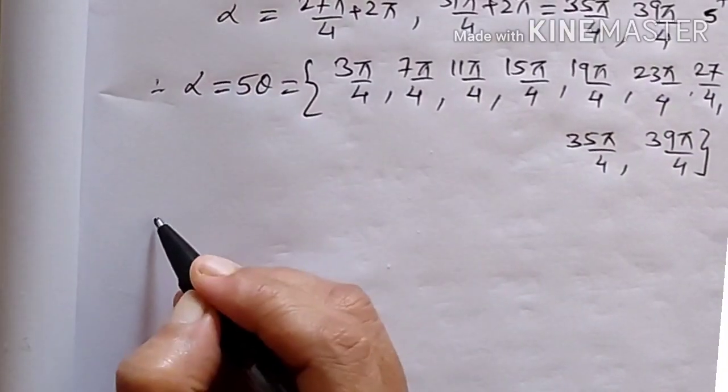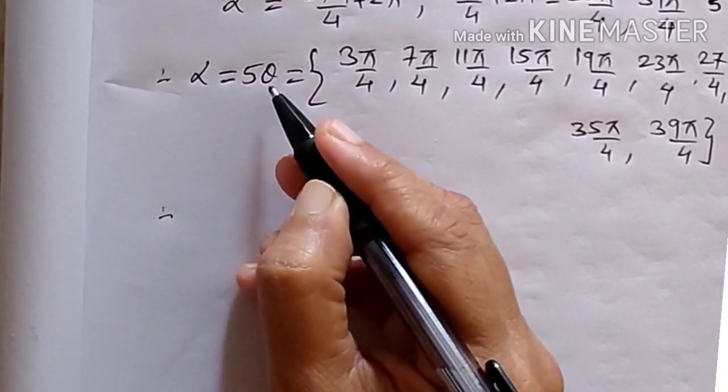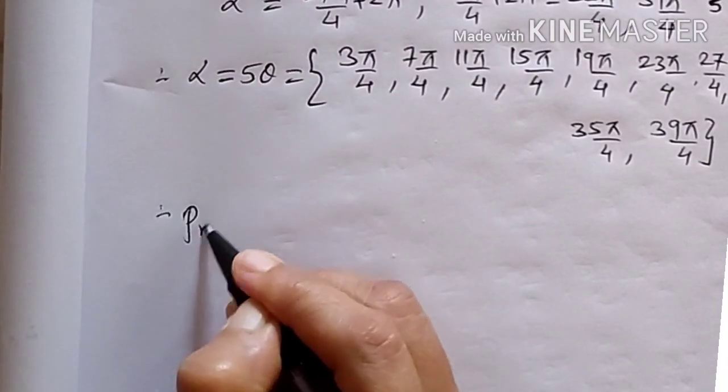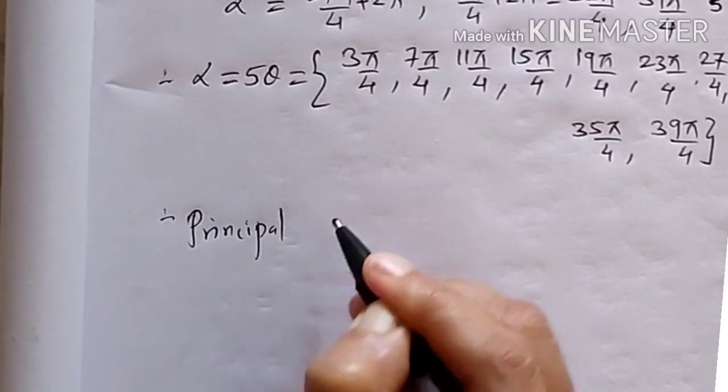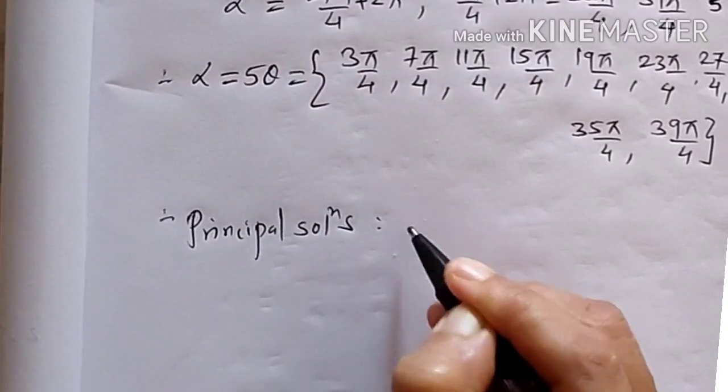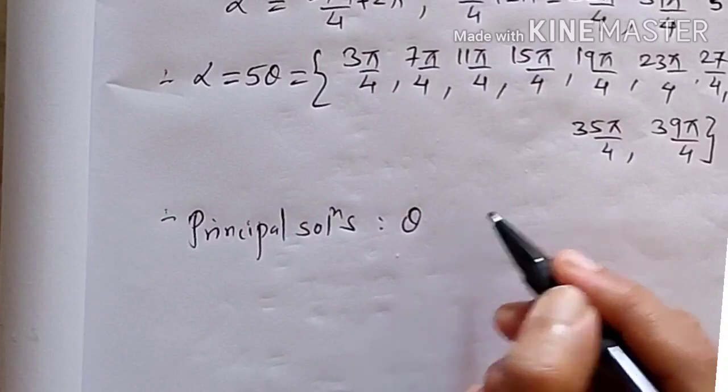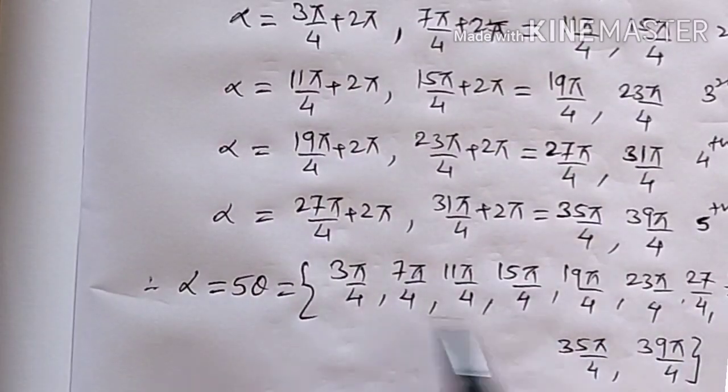Therefore, principal solutions, that means the value of theta. So theta can take values. Now we have to divide by 5.